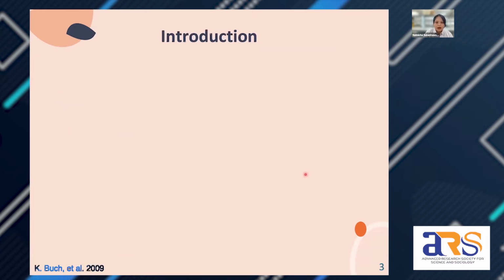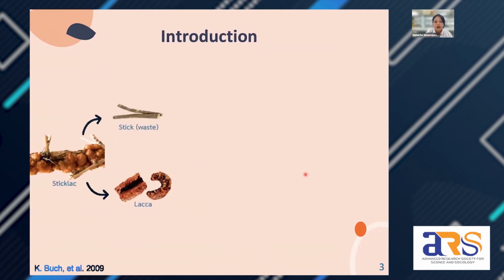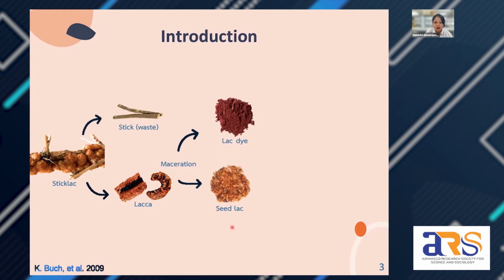For lac extraction, stick lac would be discarded as waste, or the stick. Then to get lacca, lacca will become lac dye, the red pigment, and seed lac, the resinous part. After that, seed lac will be further extracted with 3 different processes.